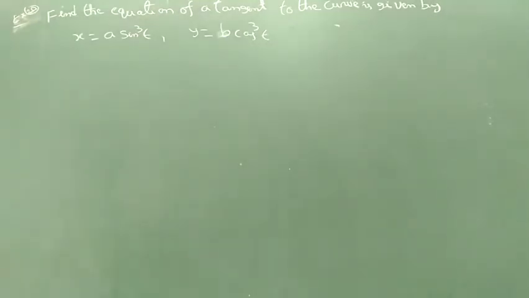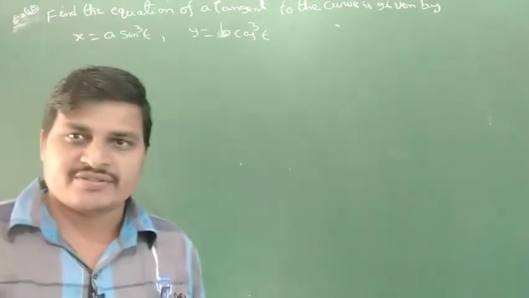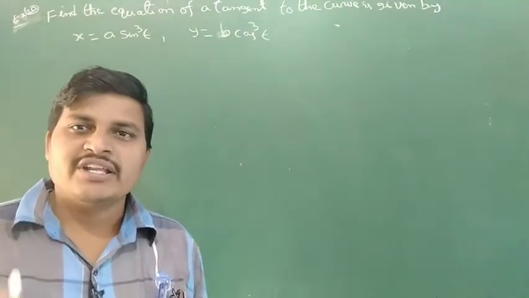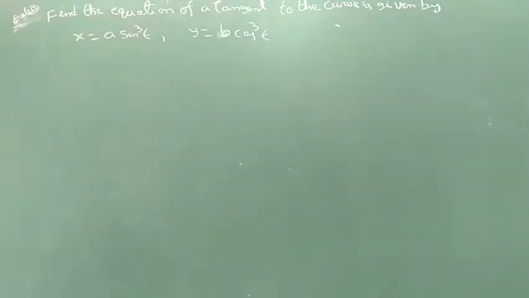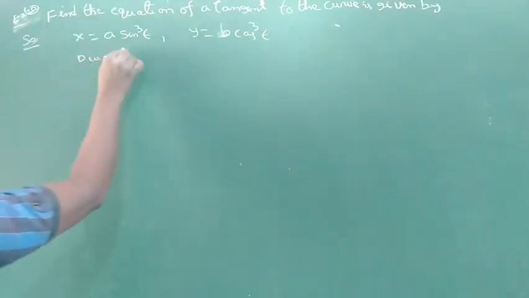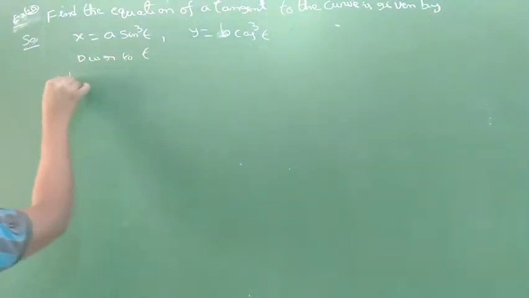So first of all, to find the equation of the tangent, we have to find the tangent slope and then the tangent equation. Tangent slope means dy by dx. So first differentiate with respect to t, not with respect to x.